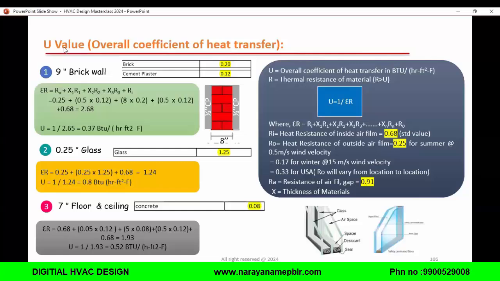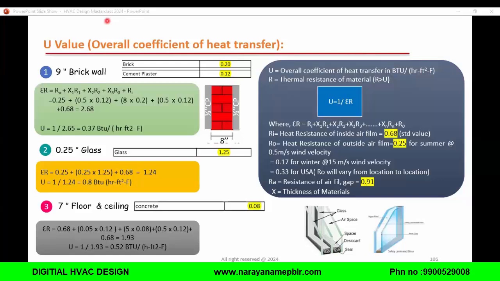Can you see my screen? The same thing is mentioned here. U is the overall heat transfer coefficient, and the unit is BTU per hour per square feet per degree Fahrenheit.